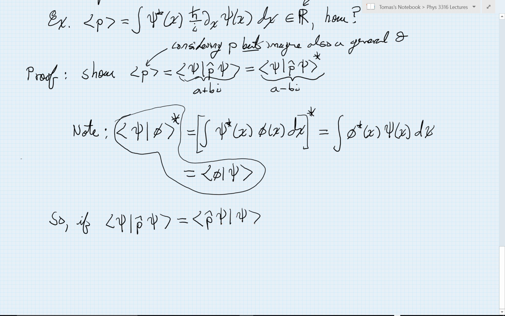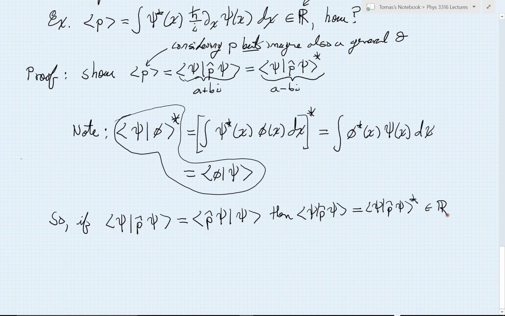If that is always true, then, of course, because this I know is just the star of it in reverse order, then I will have proved, if I can show this, that psi p hat psi would equal the same as psi with the operator in the second slot, but complex conjugated, and then that is sufficient to show that, in fact, this is a real number.